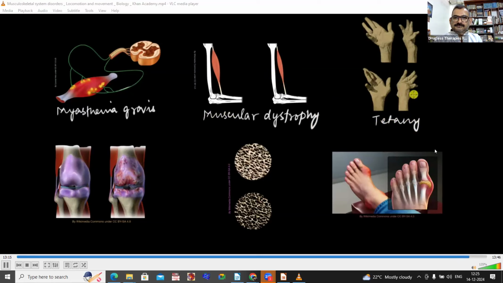This is arthritis, in which the joints are inflamed because of old age or because of an autoimmune disease. This is osteoporosis, where the bones are brittle because there is less deposition of minerals and other material. And then finally, this is gout, which is another type of arthritis because of uric acid deposition in the joints.